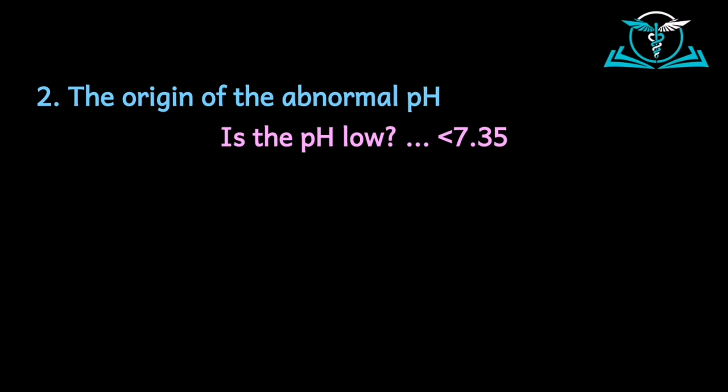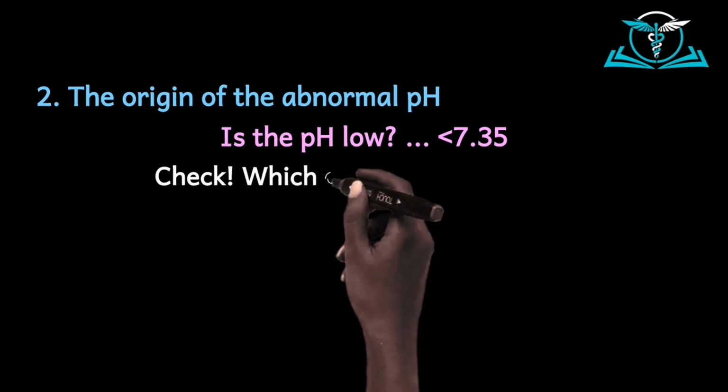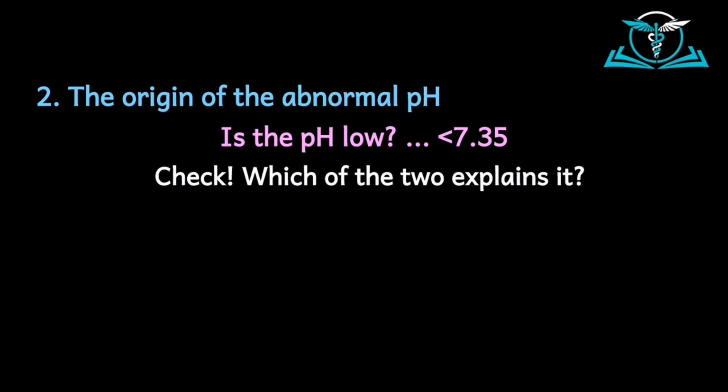And so you check the partial pressure of carbon dioxide, which is the respiratory component, and then the bicarbonate ion level, which is the metabolic component. You know that these are the weapons the respiratory and renal systems use respectively. And ask yourself, which of the two rationally explains it?